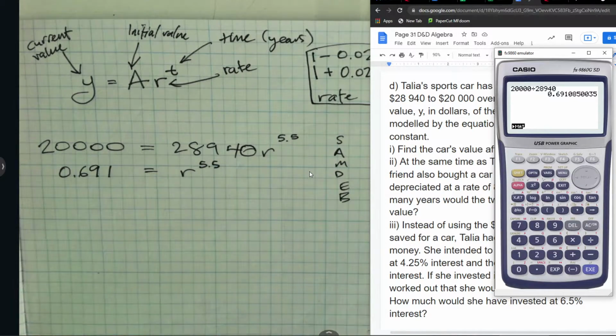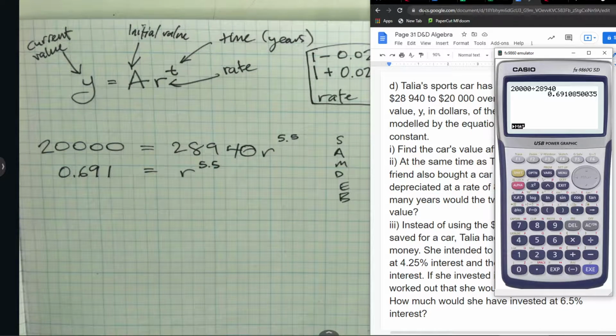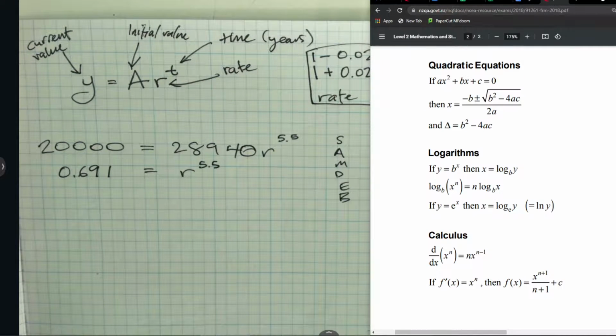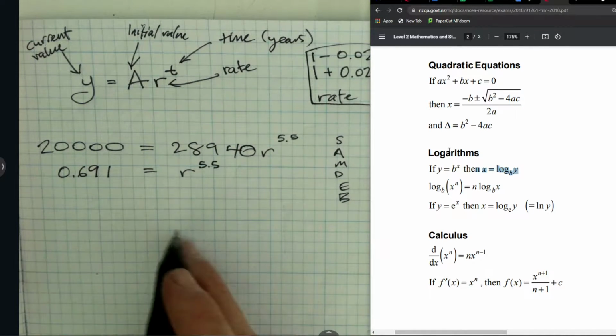Nice, very nice. Now from here I'm going to need my formula sheet. So we've got our log, which is just the basic log law. If y equals b to the power of x, then x equals log base b of y.